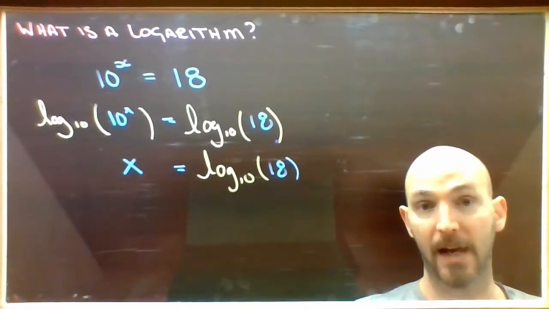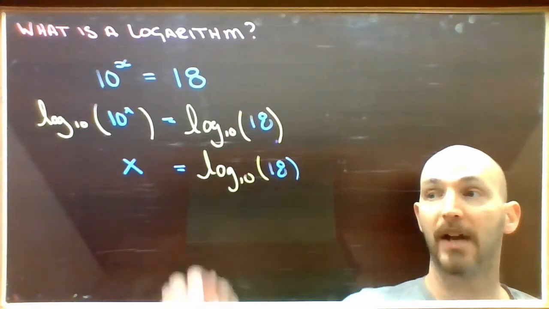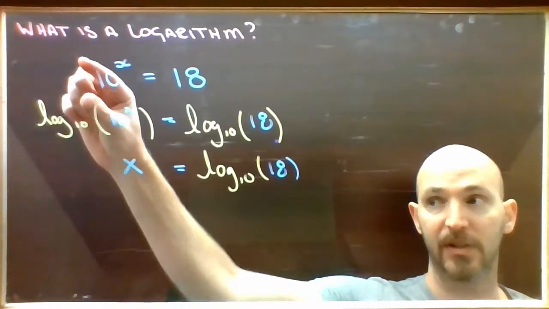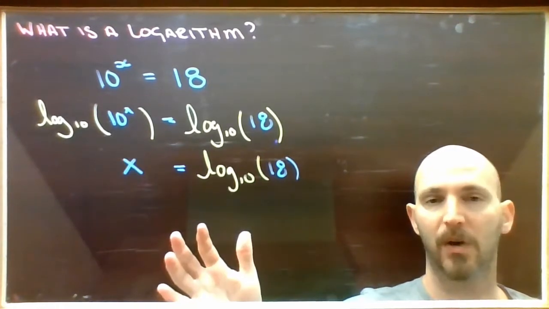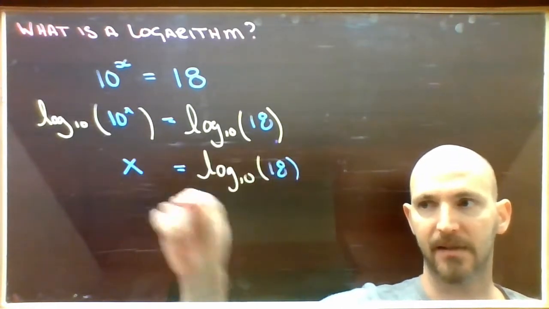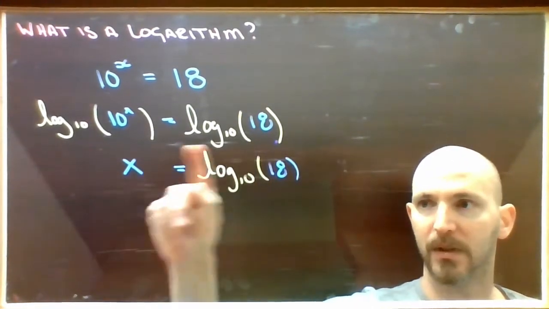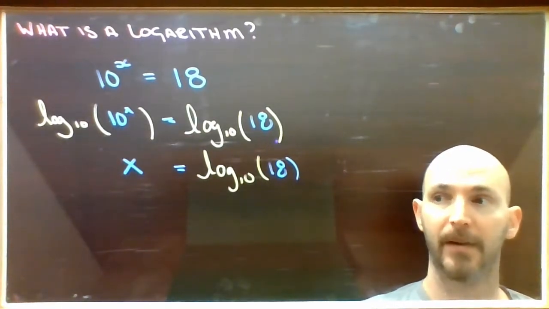Now, you may recognize that as the little exercise I did a few minutes ago, where I took an exponential equation and I flipped it to its logarithm form. Either way you want to interpret this, it's up to you, whichever you see easiest. But in this, 10 to that exponent should be 18. That's exactly what I have written there.